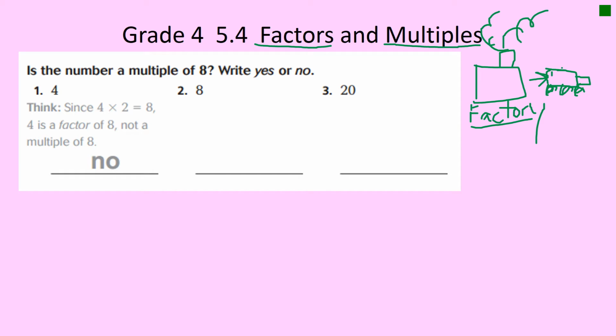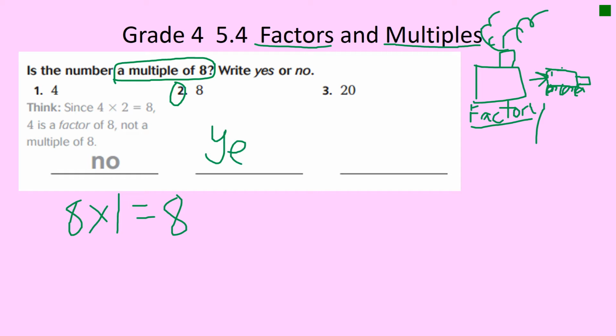So this first set of directions says, is the number a multiple of 8? Yes or no? So they did the first one for you. So let's look at number 2. Is 8 a multiple of 8? Well, can I multiply 8 times something and get 8? Of course I can. 8 times 1 equals 8. So, yes. Now number 3, is 20 a multiple of 8?